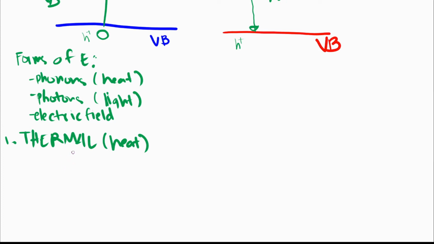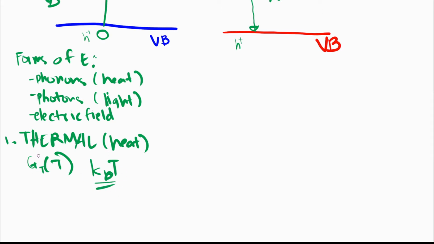This exists under both equilibrium and non-equilibrium conditions and is denoted by G_T. This thermal generation is basically the absorption by our semiconductor of this kind of energy, k_B T, or our thermal energy. So this is where your thermal generation comes from.